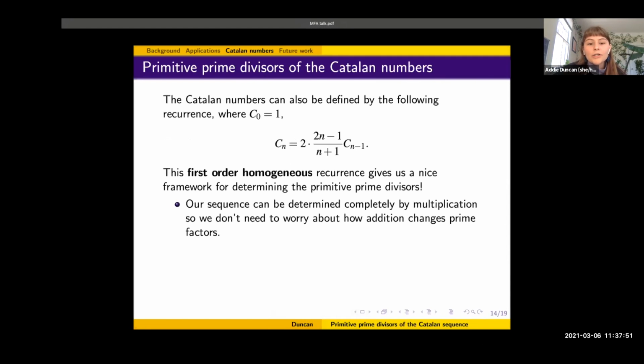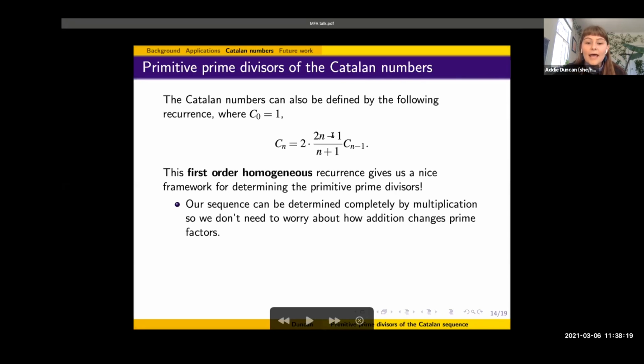In order to try to reason what the Zsigmondy set for this sequence might be, I was interested in looking at this particular recurrence of the Catalan numbers. Now, there are several different recurrences, but this one is a really nice recurrence because it's a first order homogeneous recurrence. So the nth term is related only to the (n-1)th term. And also there's no extra term out here that's being added or subtracted.